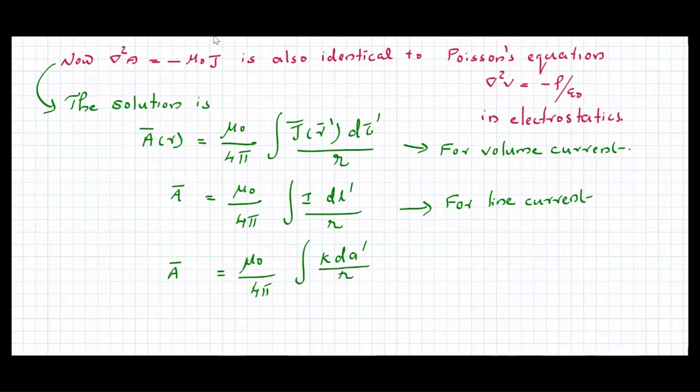And for surface current, this is equal to mu 0 by 4 pi integral k dA prime by r. These are the equations of vector potential in magnetostatics.